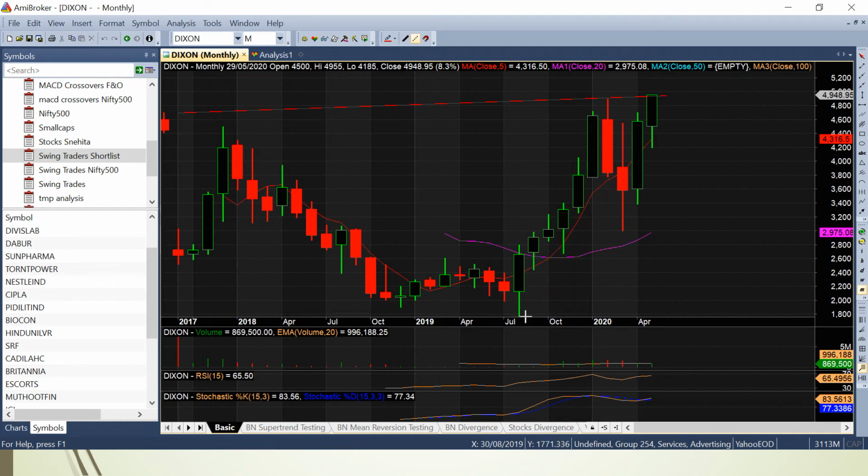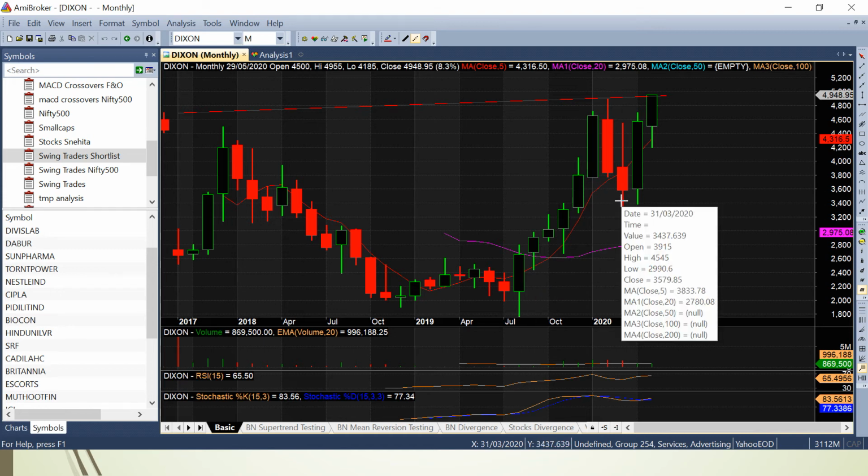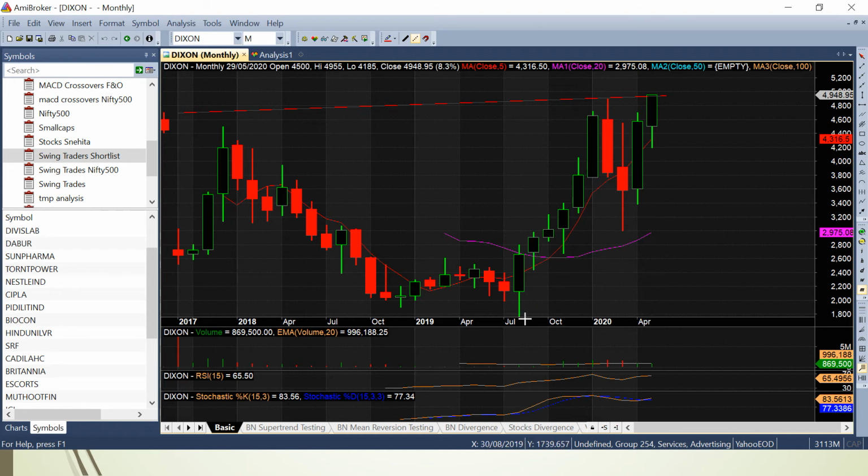And once it does, how do you draw the Fibonacci extension here? Start from the lowest point here, drag it to the previous starting point from where the fall had started, and then drag it horizontally to the point where I think the breakout is happening right now.